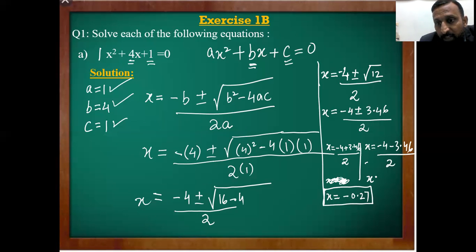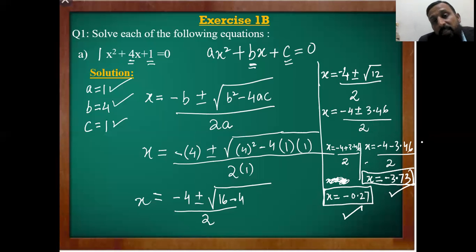So finally x equals negative 7.46 divided by 2, which gives negative 3.73. This is another answer. The first answer is negative 0.27 and the second answer is negative 3.73. Both answers are corrected to two decimal places.